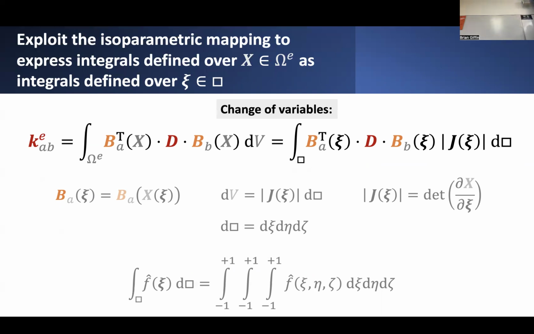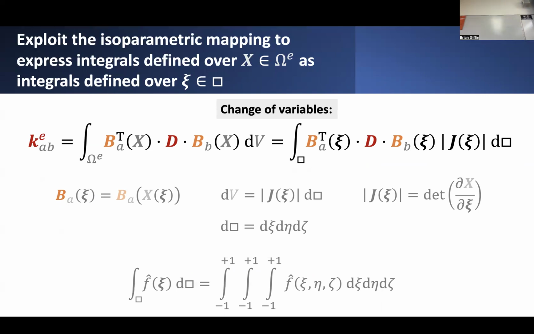So if I'm evaluating these gradient operator matrices, B sub A and B sub B, really the values inside of each one of these matrices involve gradients of the shape functions. And those gradients of the shape functions potentially vary within the element. So we have to include some kind of dependence on position.